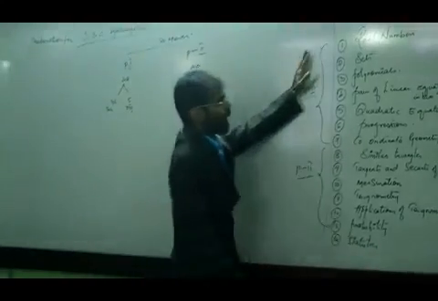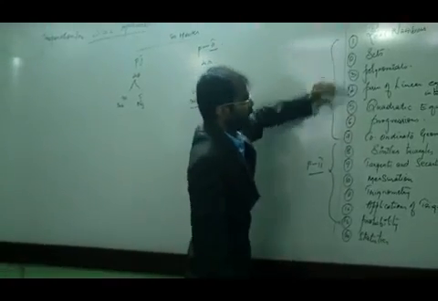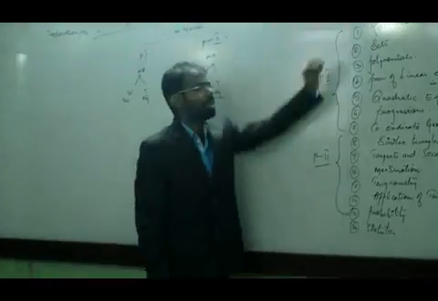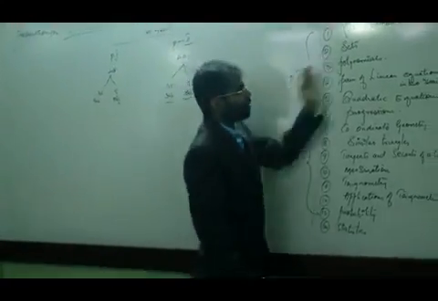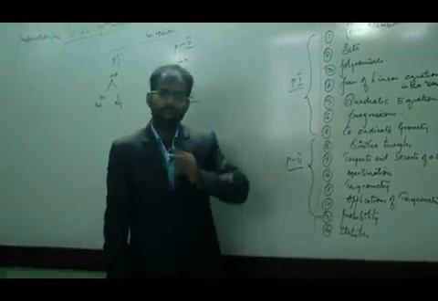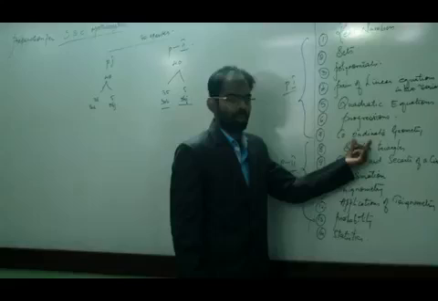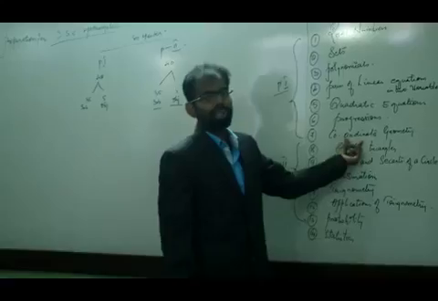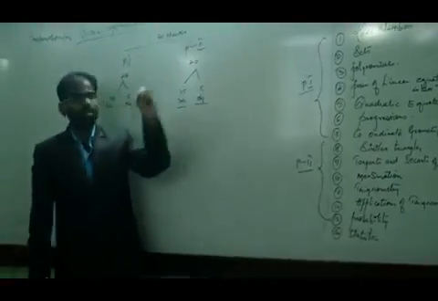In paper 1, we have real numbers, sets and polynomials, which are very easy chapters. Apart from these 3 chapters, if you go through coordinate geometry, you will mostly get 25 marks in paper 1.